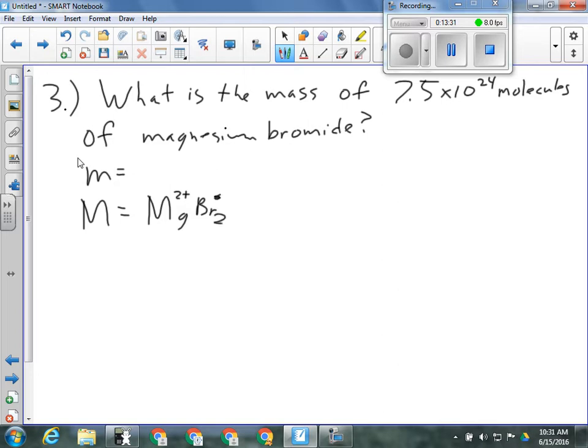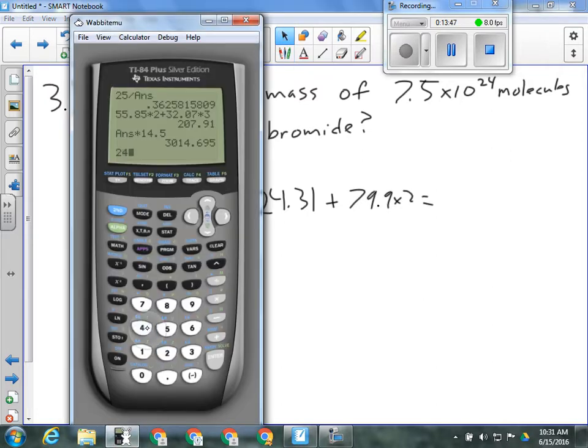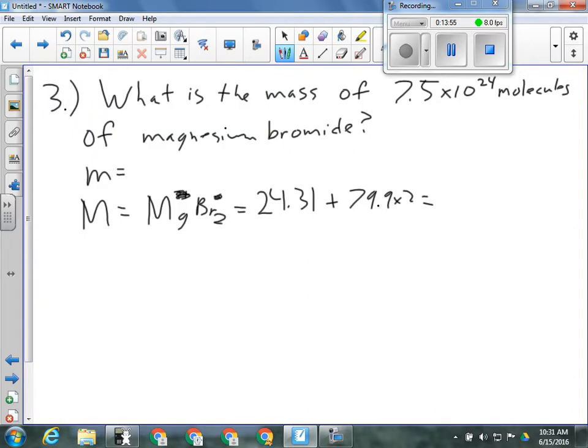So we're going to have MgBr2. All right, so magnesium is 24.31. And there's only one of it, plus 2 bromines, that's 79.9 times 2. All right, so 184.11 grams per mole.